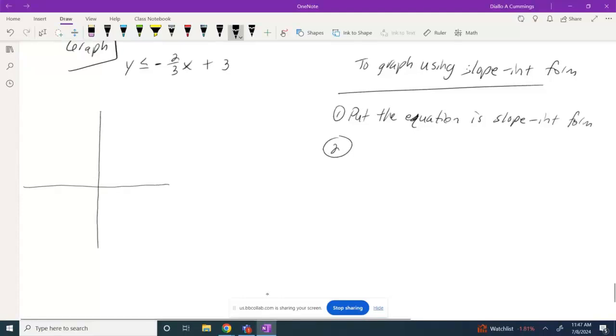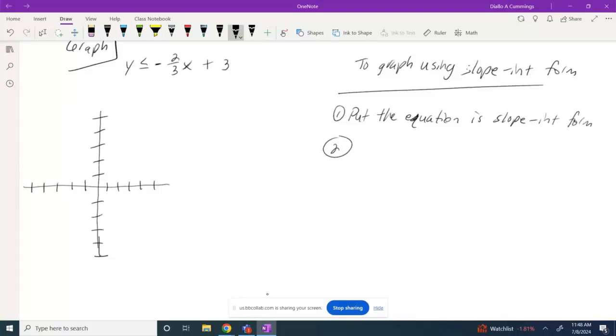So I'm just going to go out to 5 in all directions. 1, 2, 3, 4, 5 positive. 1, 2, 3, 4, 5 negative on the x-axis. 1, 2, 3, 4, 5 positive. 1, 2, 3, 4, 5 negative on the y-axis. Right, so the equation is already in the right form.